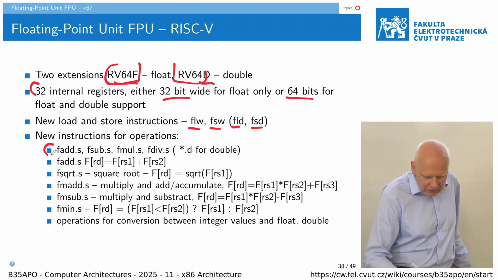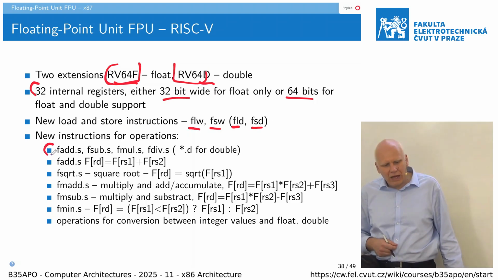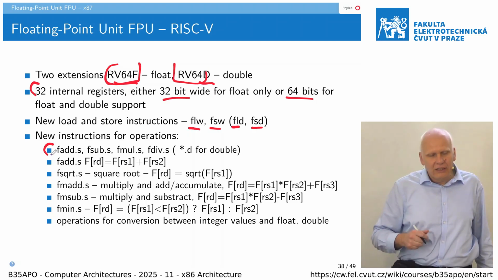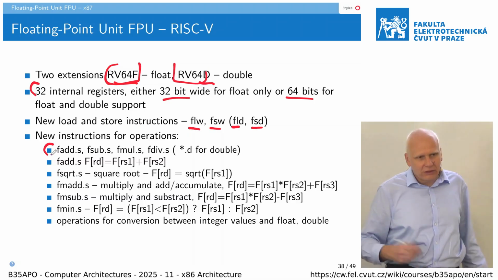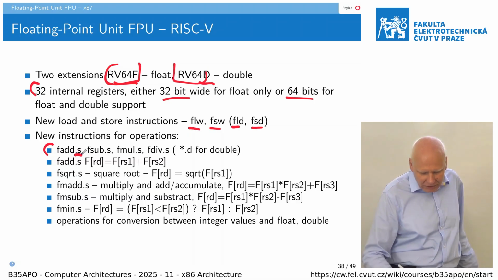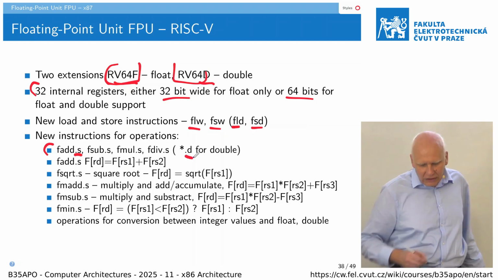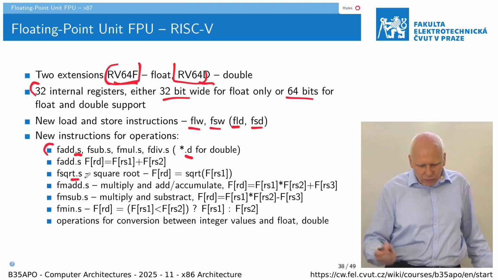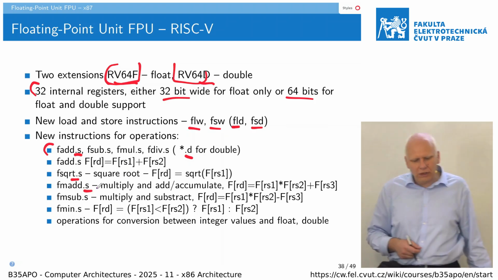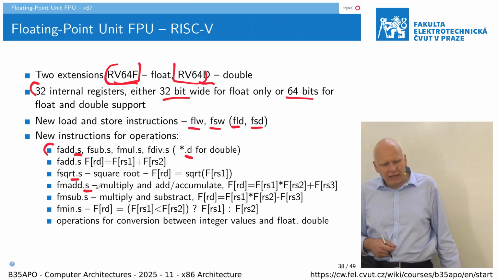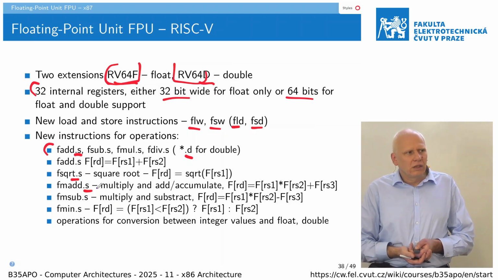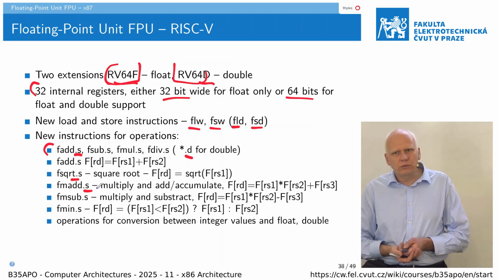You have there the different floating point add, subtract, multiply operations, which directly specify registers which should be used. And the S at the end means that it is single, D means double precision. And you can compute square root, and what is important, you can compute even some multiply and addition or accumulate instructions, which are very important for the convolution computation and for the multimedia and so on.